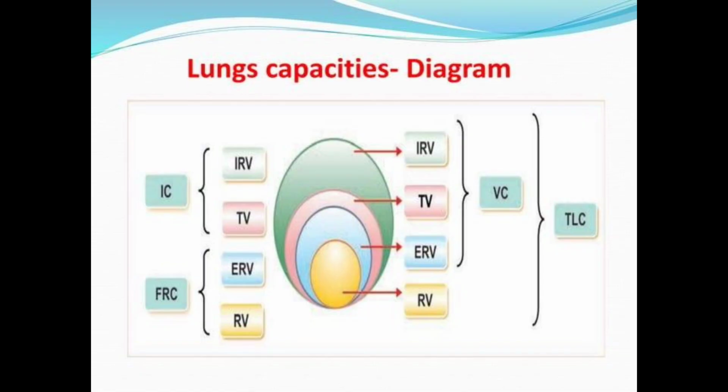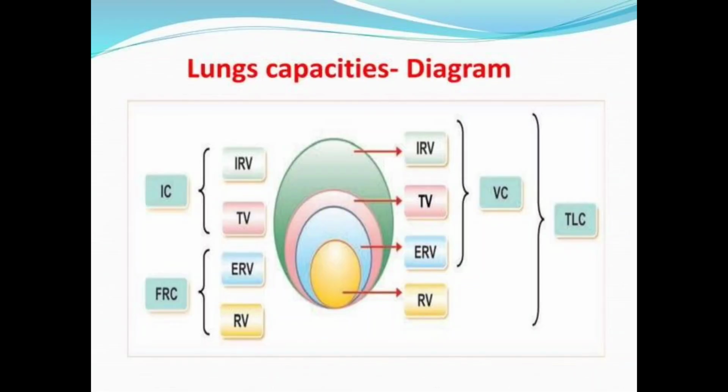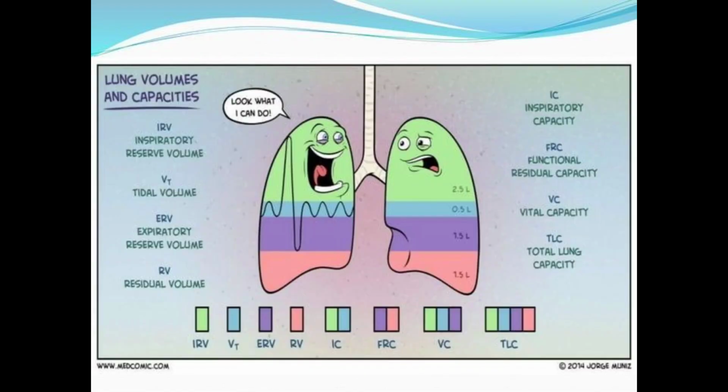On the other side, VC is the vital capacity: inspiratory reserve volume, tidal volume, and expiratory reserve volume. And next one is the TLC, total lung capacity: inspiratory reserve volume, tidal volume, expiratory reserve volume, and residual volume. This is the total lung capacity, 6000 ml of air.